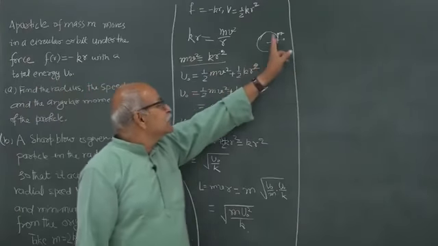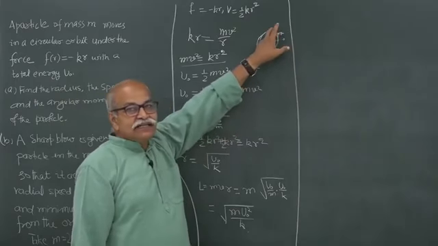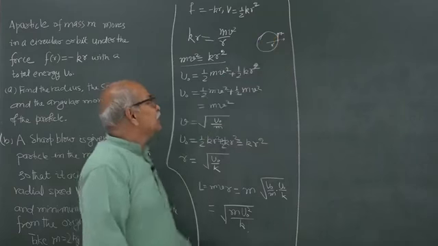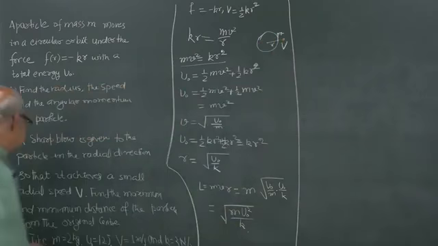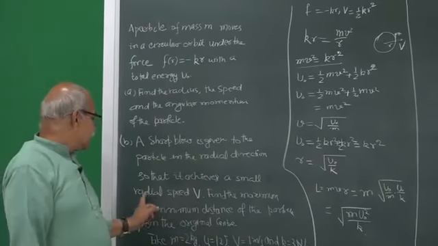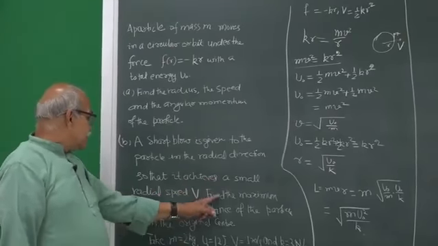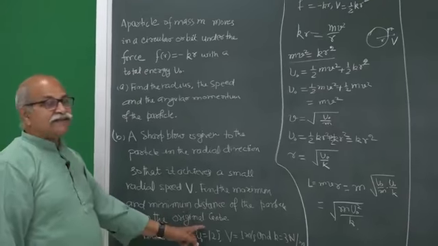It will create a velocity in the radial direction, but this tangential velocity will still remain the same, right. And that velocity which is achieved here is capital V, that is given. So, that it achieves a small radial speed V. Find the maximum and minimum distance of the particle from the original center.